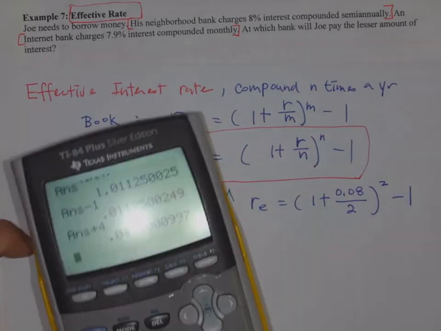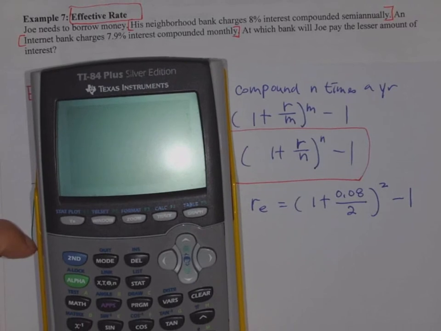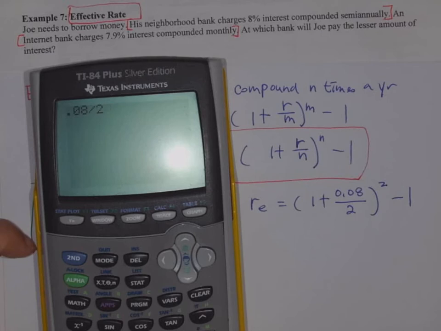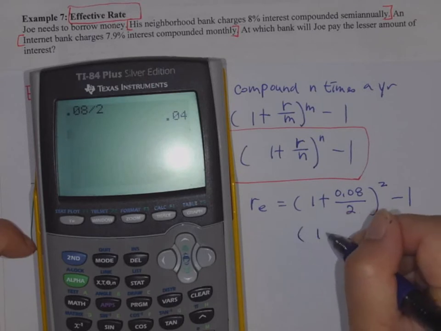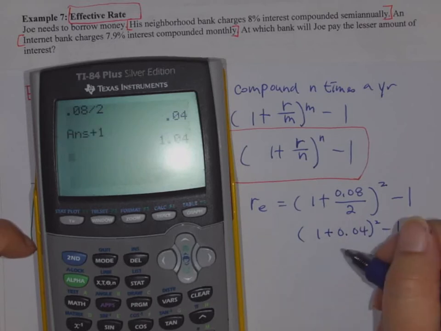So if I put that into the calculator, I would do 0.08 divided by 2. I'm following the order of operations. So it's basically 1 plus 0.04, raised to the second power, minus 1. So I add 1, which means 1.04 squared, minus 1, right?